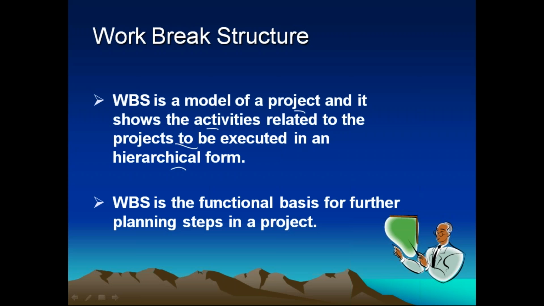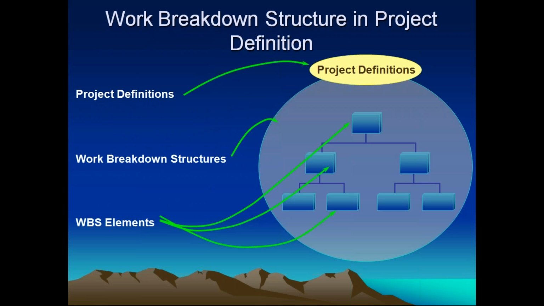The WBS is the functional basis for further planning steps in a project. This is the total WBS structure, shown in a hierarchical format. So when we define the project definition, it includes this work breakdown structure and WBS elements in a hierarchical form.